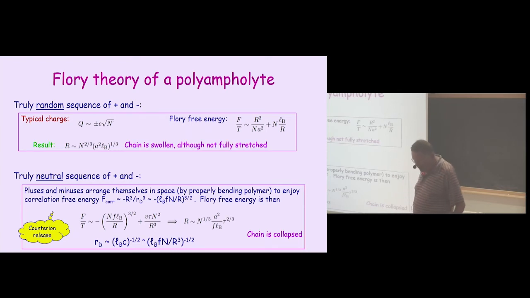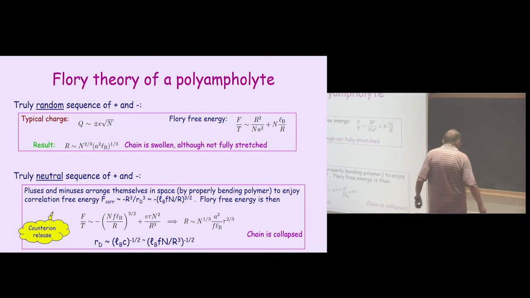And so the attractive part, where does that come from? The attractive part is the correlation. This is Coulomb part. This is just another way to write.